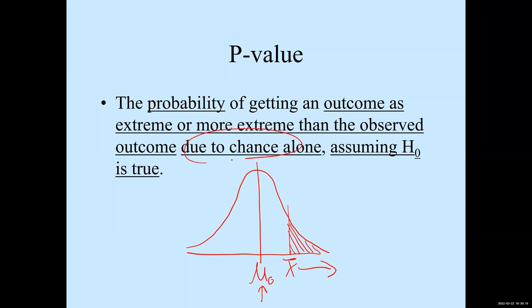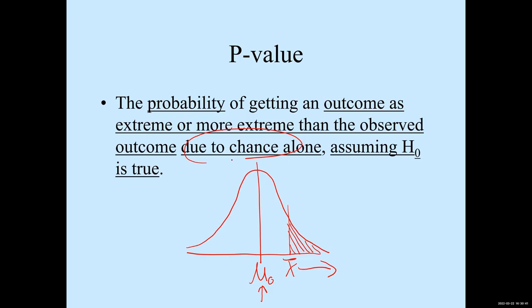Due to chance alone means there's nothing going on here. If I really took a random sample, my experiment is well controlled, there is no effect. There's nothing going on in the experiment except the thing that I'm focused on. So this due to chance alone is important. There are 4 component parts to this definition of the p-value.